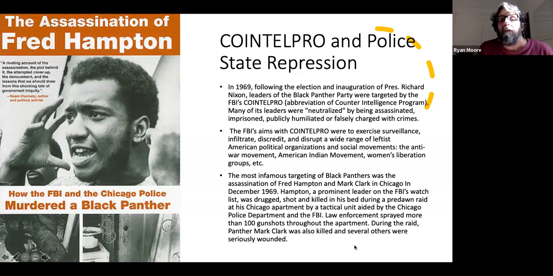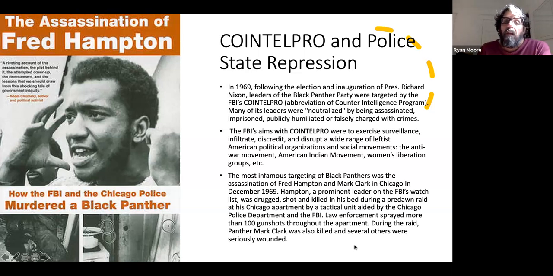There were all sorts of things that the FBI agents who worked for COINTELPRO sought to do as a way to either completely take out a Black Panther leader, or to marginalize them, or sully their reputation, or, in one way or another, neutralize them, as they said.